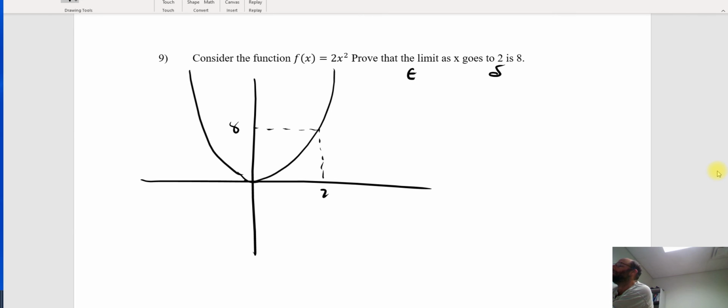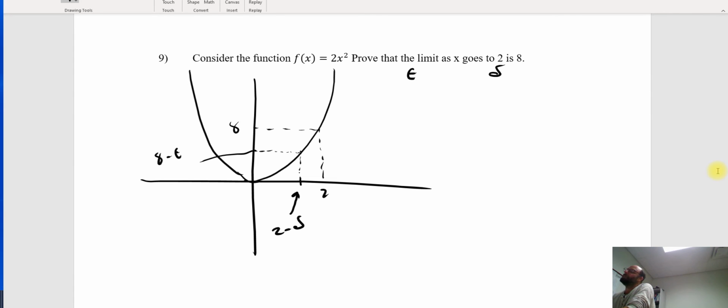You know, that seems a little funny, I'm sure, but take a look at this. All right, so imagine a horizontal distance delta. So this value now we're going to call 2 minus delta. Then this value right here we're going to call 8 minus epsilon. Epsilon is some small vertical distance, delta some small horizontal distance.